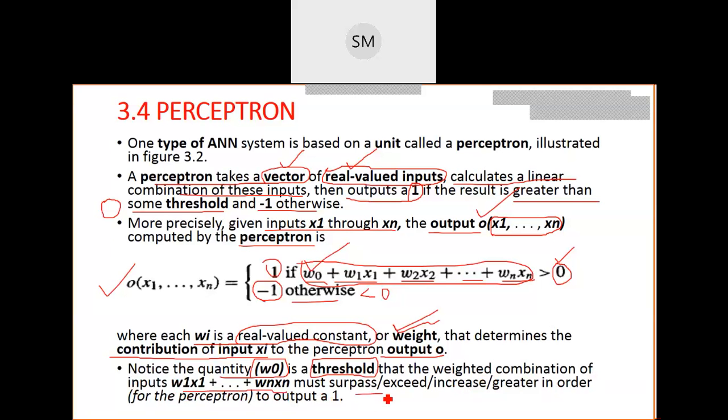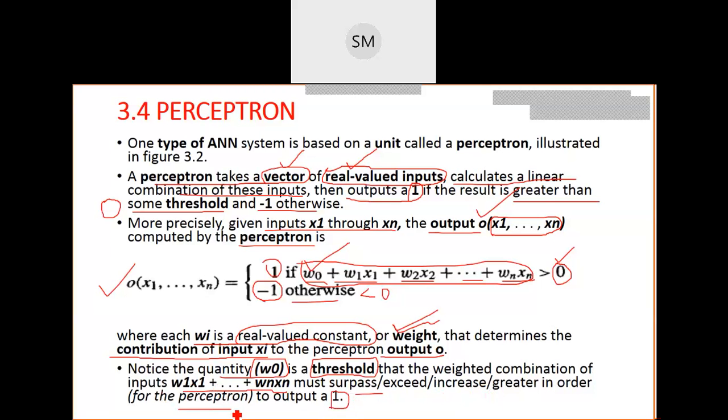This summation should keep on increasing and exceed the threshold, so that we can get the output value as 1 for this perceptron.